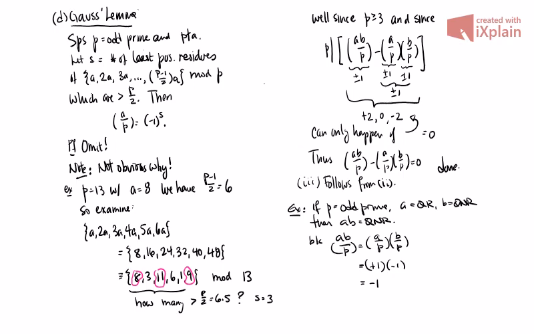So S equals 3. Thus, in this case, 8 over 13 is negative 1 to the 3, which is negative 1. So at the end, 8 is a quadratic non-residue. And again, just to contextualize all this, this means that x squared is equivalent to 8 mod 13 has no solution.